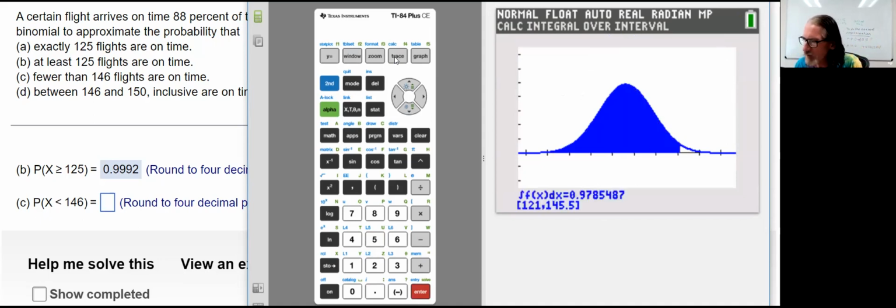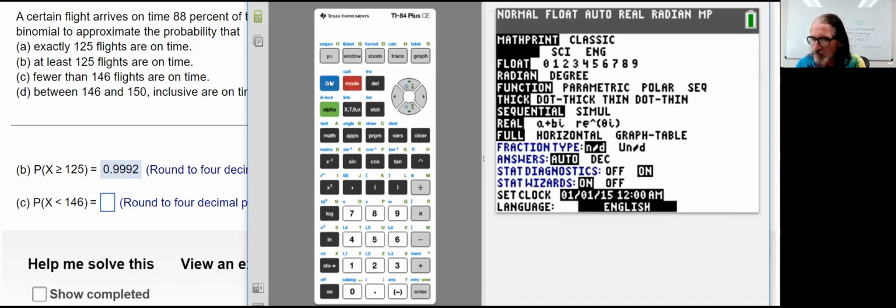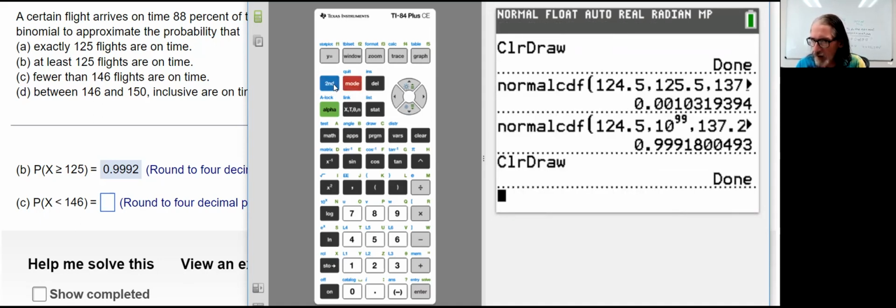Quite a bit shaded there, something pretty large, not as large as the last one. Let's be extra sure though by going to normal CDF, because I may have cut off too much on the left with that window.